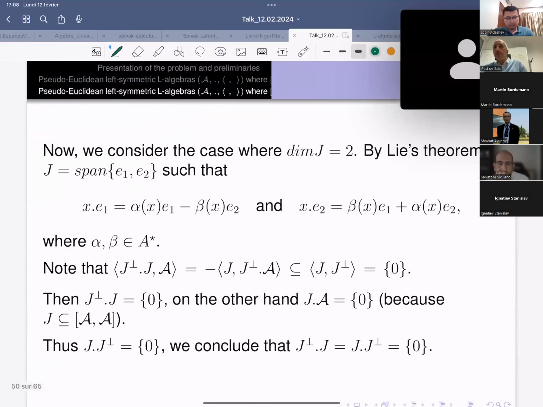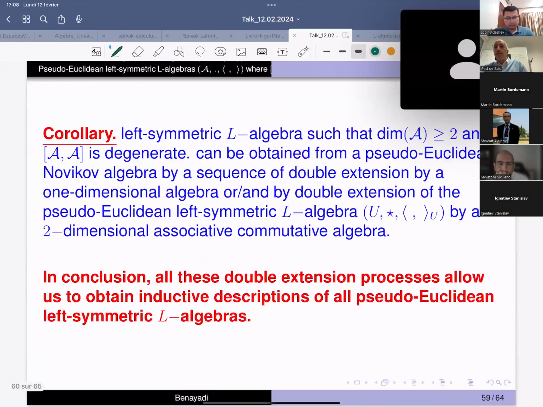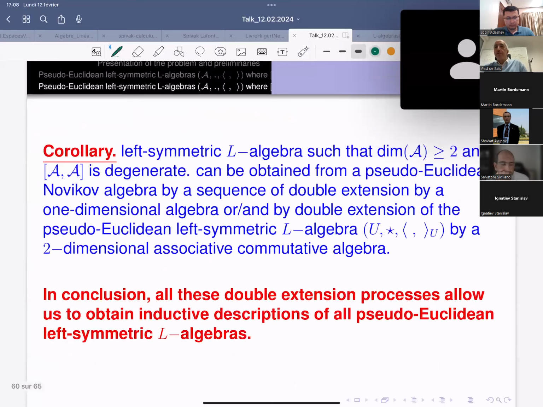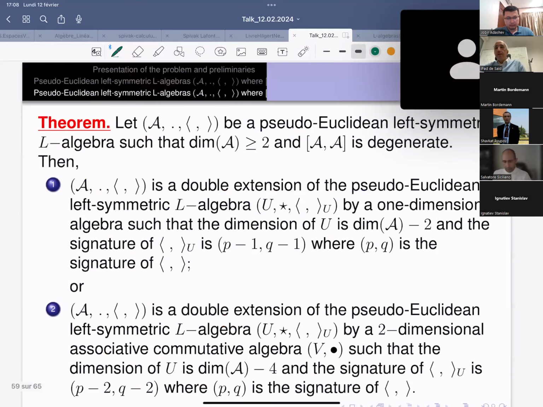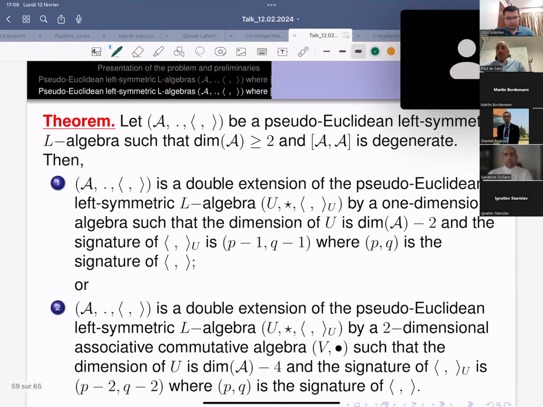In conclusion, you have this type of result. You have this theorem.